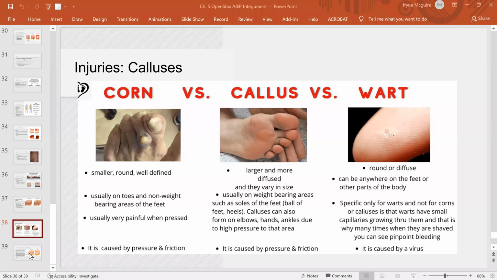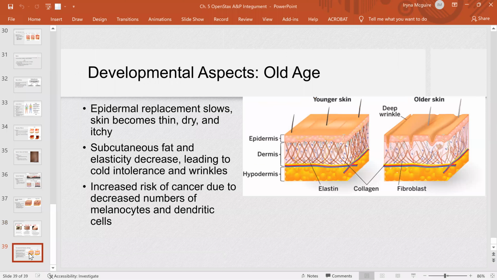And the last slide in this lecture covers developmental aspects, specifically old age. Now with old age, epidermal replacement slows, skin becomes thin, dry, and itchy. Subcutaneous fat and elasticity decrease, leading to cold intolerance and wrinkles.